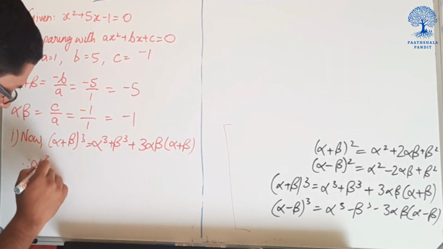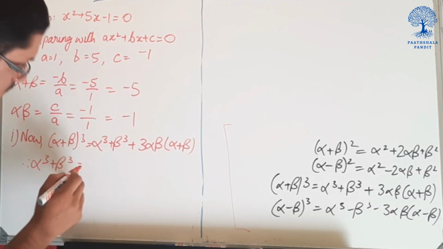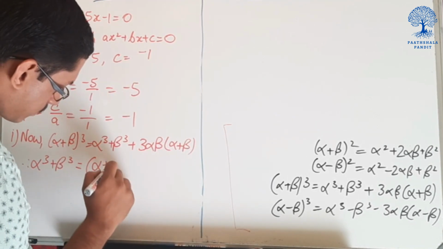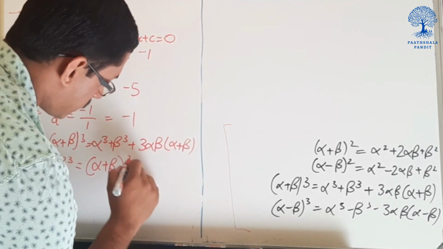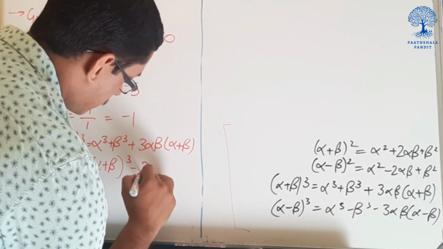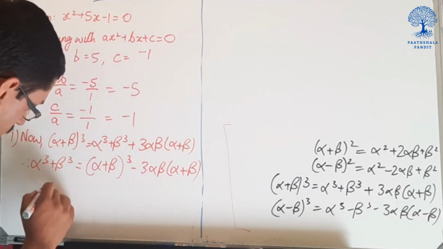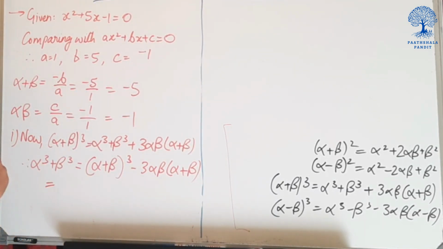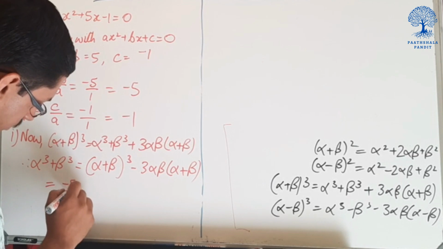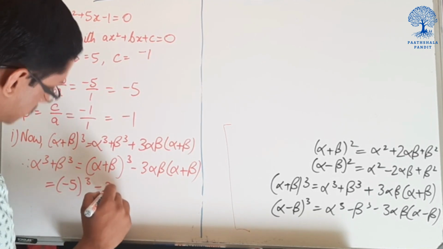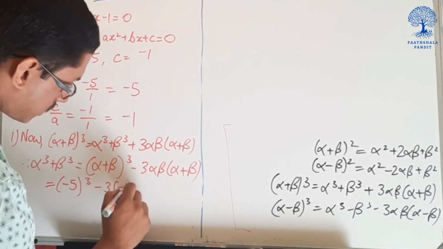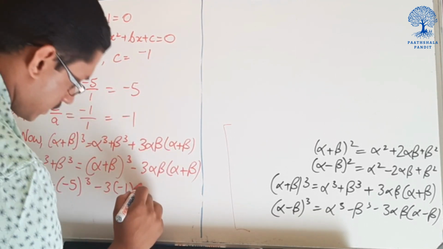So alpha cube plus beta cube is equal to alpha plus beta whole cube minus 3 alpha beta into alpha plus beta, equal to minus 5 whole cube minus 3 into minus 1 into minus 5.